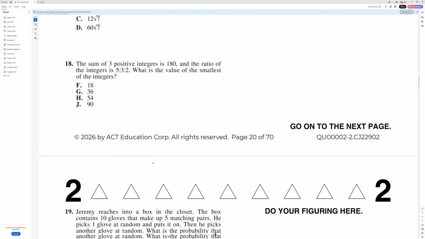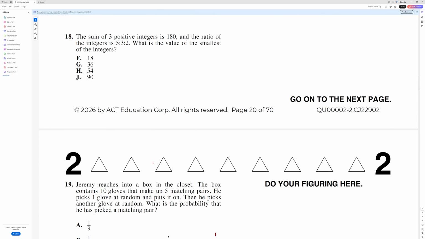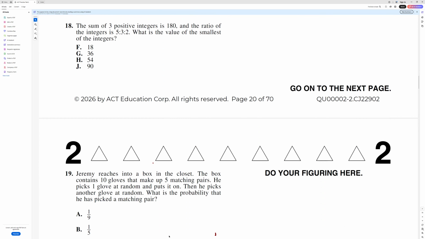Okay, the sum of 3 positive integers is 180, and the ratio is 5 to 3 to 2. What is the value of the smallest of the integers? So we basically need to do 5x plus 3x plus 2x is equal to 180.